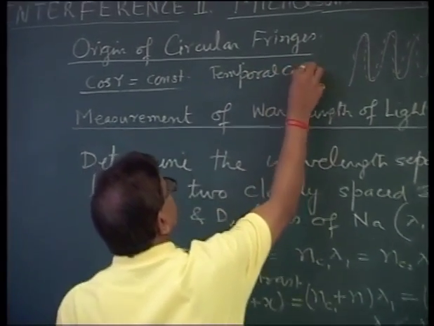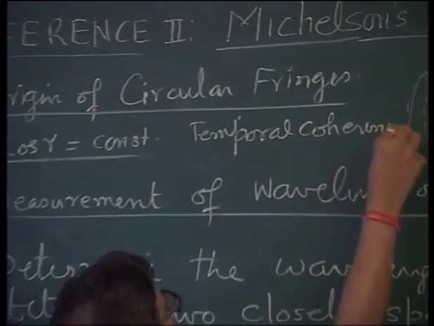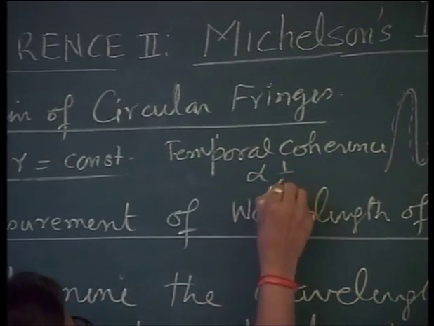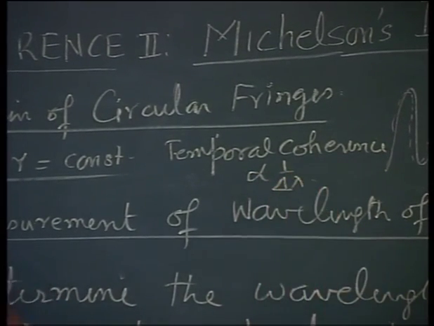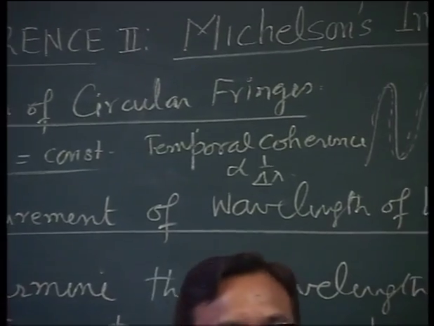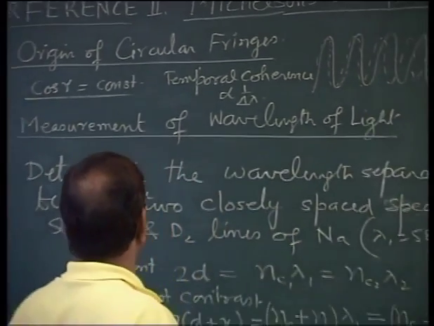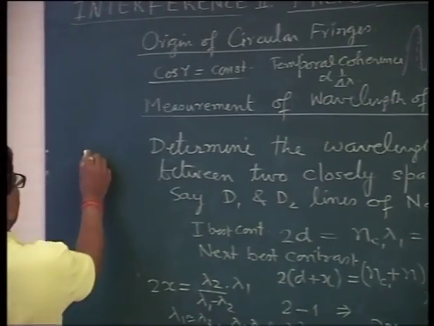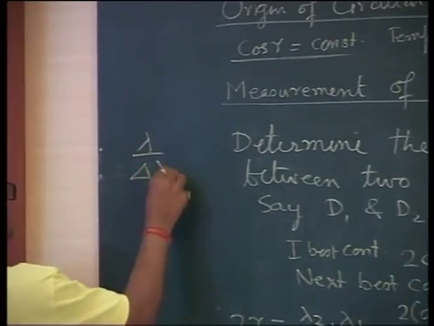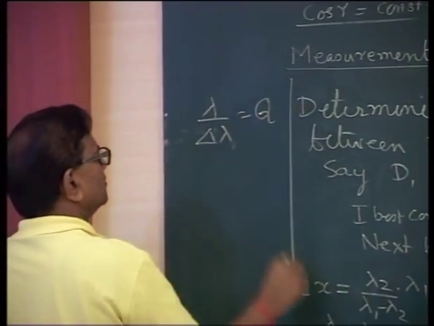Temporal coherence is inversely proportional to delta lambda. We also call lambda upon delta lambda the quality factor Q.